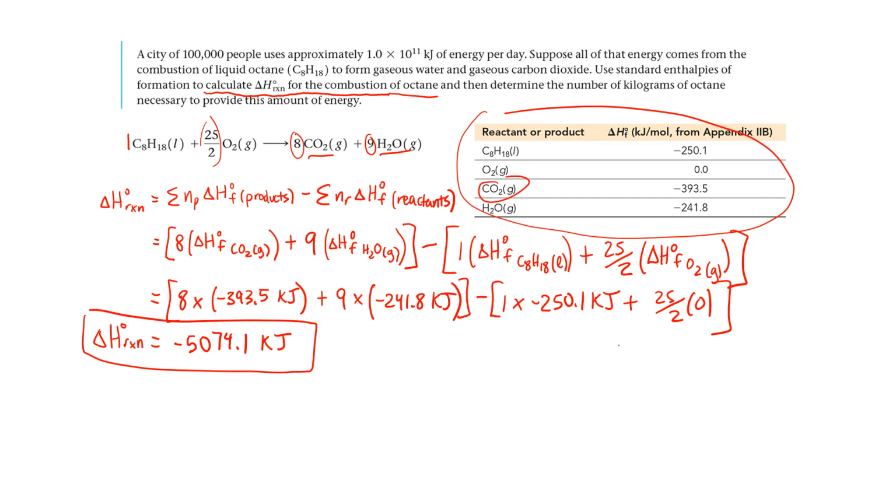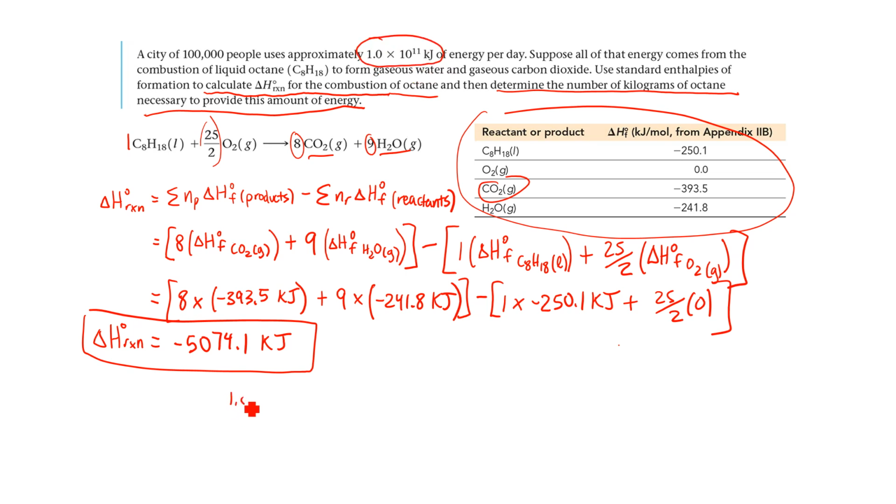But we're not done with this problem because they asked you to determine the number of kilograms of octane necessary to provide this amount of energy. And what amount of energy? 1.0 times 10 to the 11.